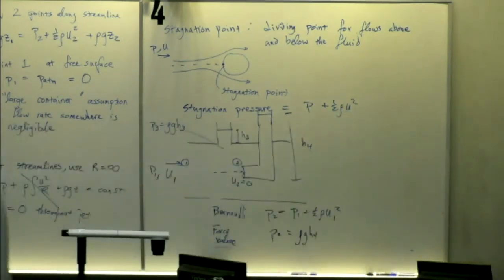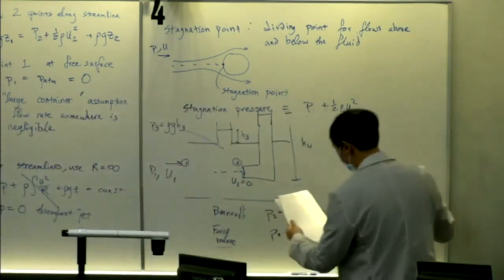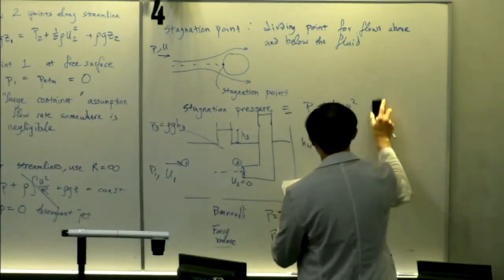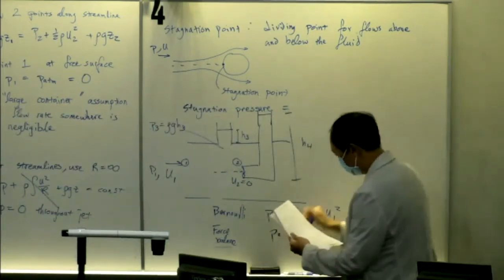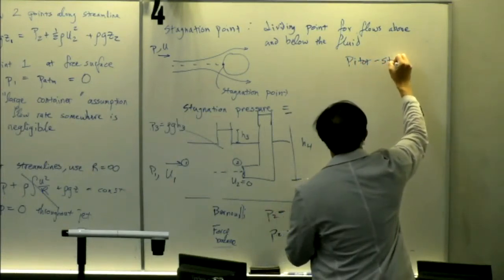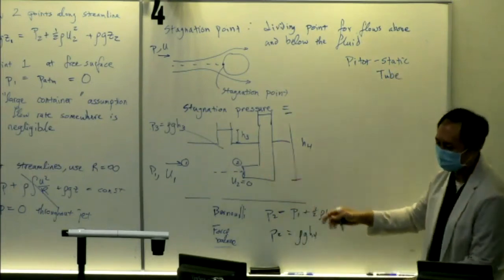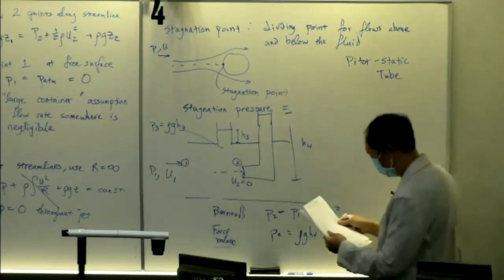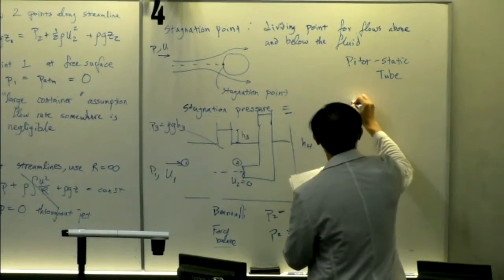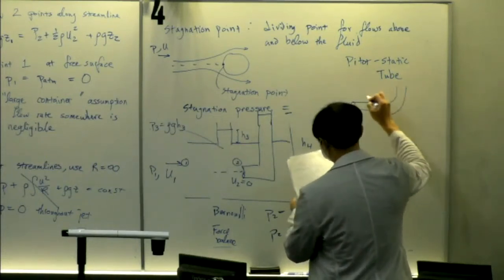I've got to introduce one more idea. What a Pitot static tube is, it's a device that combines both of these into one thing without taking up that much space. Basically, you've got some fluid here that just takes the fluid.